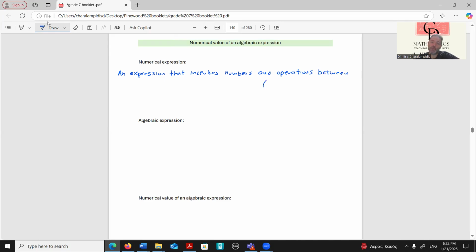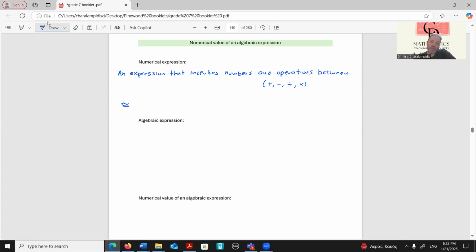And by operations, we mean addition, subtraction, division, multiplication, powers, and so on. So any expression that simply includes numbers and operations between these numbers is defined as a numerical expression.